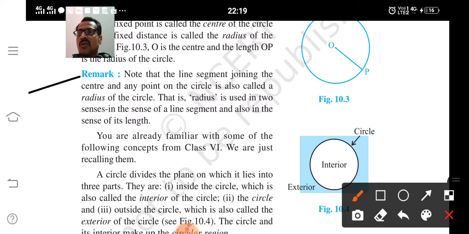Remark: note that the line segment joining the center and any point on the circle is called a radius. That is, radius is used in two senses, in the sense of a line segment and also in the sense of a length.